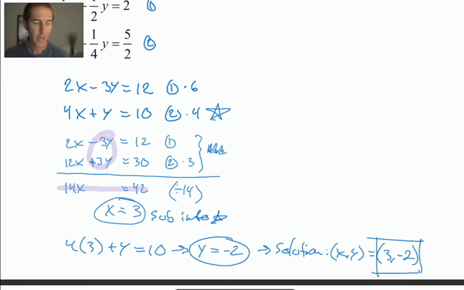You can eliminate your x terms, or you can eliminate your y terms, whichever one's most convenient. I highly recommend keeping an eye out for a term that has a coefficient of 1, again, because it's so easy to modify that and turn it into whatever you need to turn it into so that terms cancel when you add your equations together.